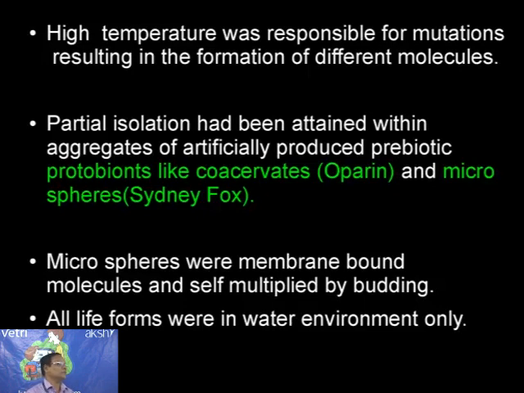All life forms originated only from the marine water. Life originated only from water, not from terrestrial matter or terrestrial areas. So don't forget, life originated only from water, and that too from marine water.